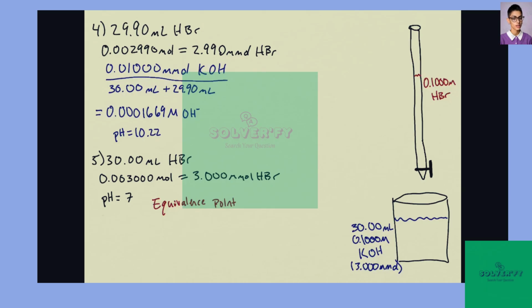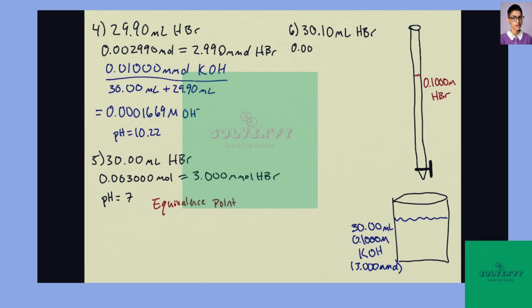So what happens when we continue to add our titrant of HBr? Well, let's see what happens if we add an extra 0.1 milliliters. So once we have a total of 30.1 milliliters of HBr added, let's start by converting to moles again.